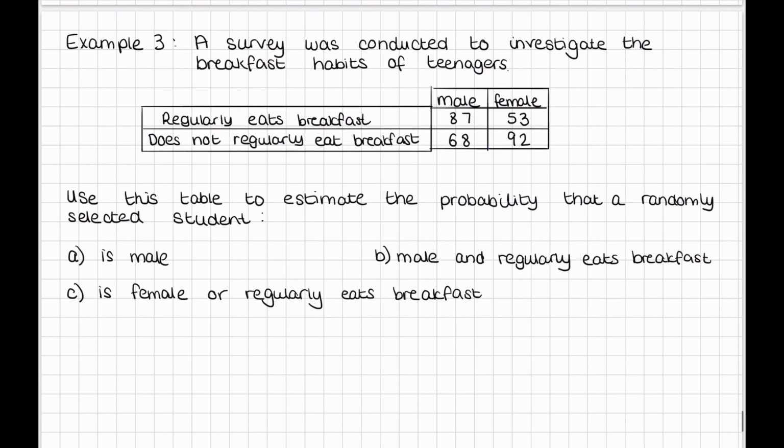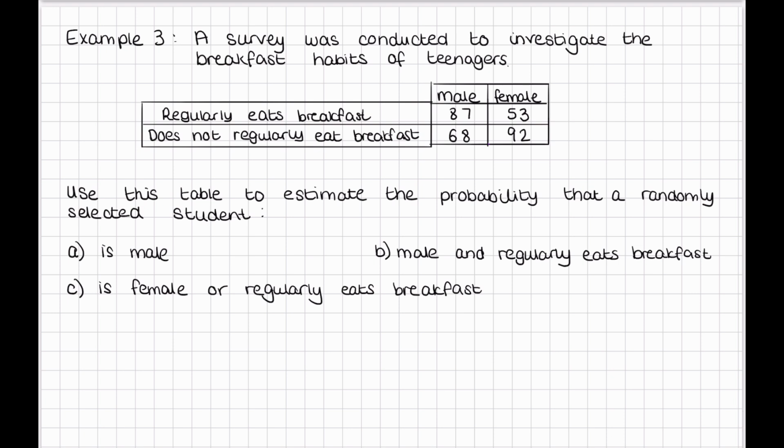Then example 3. A survey was conducted to investigate the breakfast habits of teenagers. Use this table to estimate the probability that a randomly selected student is male and regularly eats breakfast, or is female or regularly eats breakfast. So when we have a two-way table, what's always a good idea is to add a total row and a total column. So males, we have a total of 155, females 145.